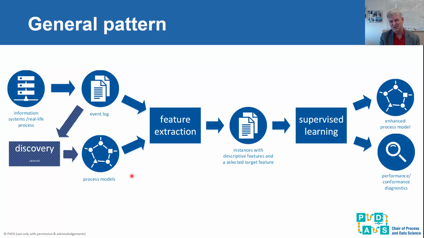A situation can be a decision, it can be a case as a whole, etc. Then for every situation we have a target feature and descriptive features, and we simply generate a supervised learning problem. And this pipeline is super general. We can apply this to performance problems, we can apply this to compliance problems. It's super generic.